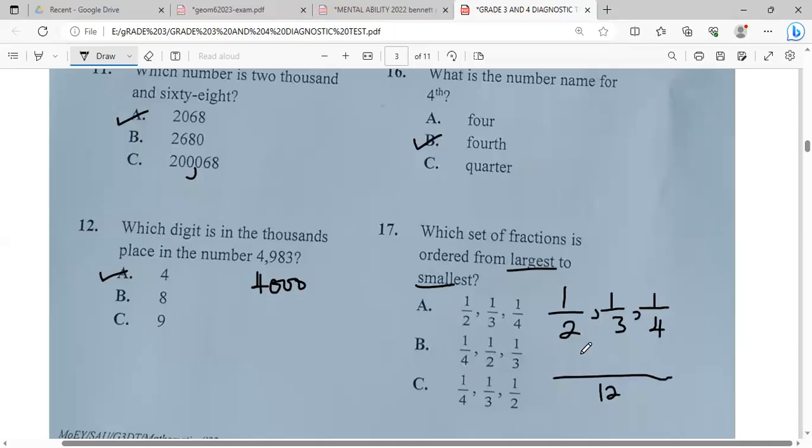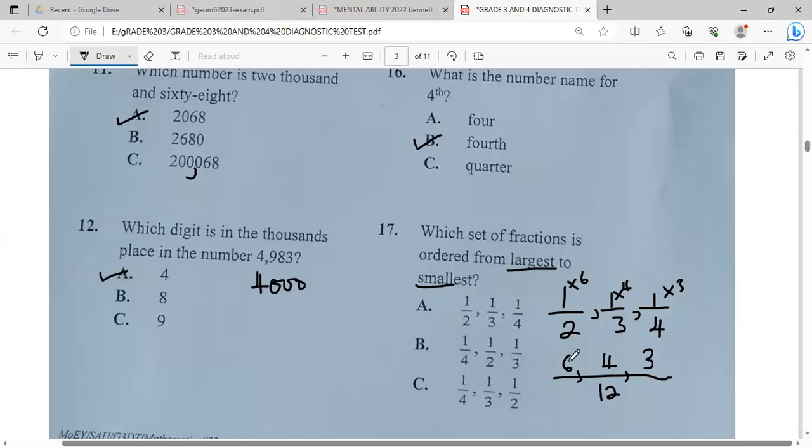that goes into all three. 2 into 12 goes 6 times. So we multiply 1 times 6, which is 6. 3 into 12 goes 4 times. So it's 1 times 4, which is 4. So the value of 1/3 is 4. And likewise, a quarter, 4 into 12 goes 3 times.